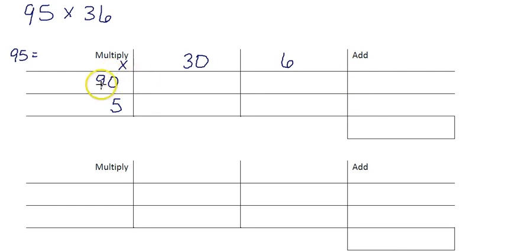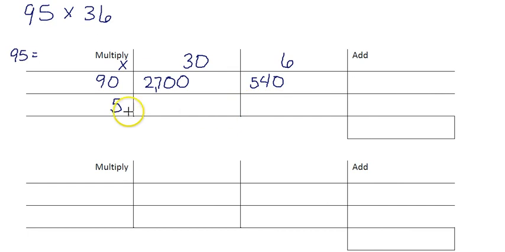So 90 times 30, 9 times 3 is 27. Two zeros, so 2,700. Now 90 times 6, so 9 times 6 is 54, and then we have 1 zero, so that's 540.